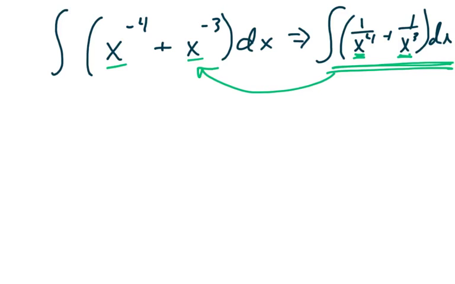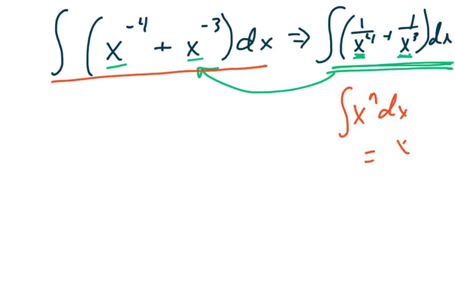All right, same thing. It's going to be easier for us to deal with this in this original format that I wrote. Okay. Now, even though we're dealing with negative exponents, I am still using this power rule for antiderivatives. Okay, we're going to add 1 to the exponent and then divide by that new exponent.